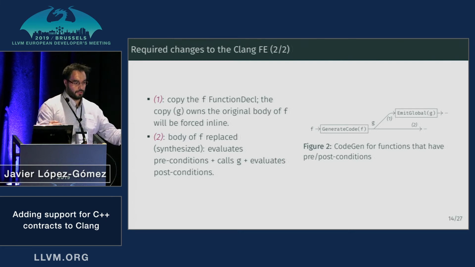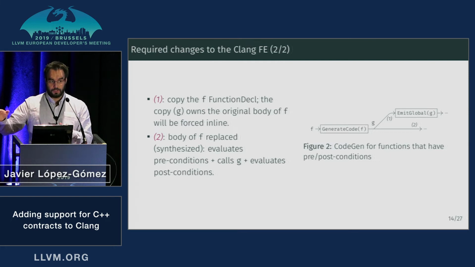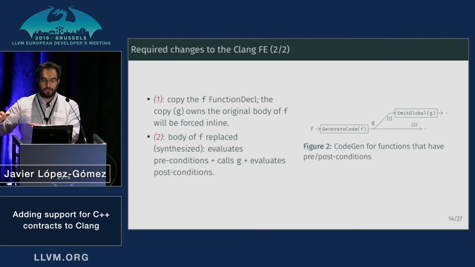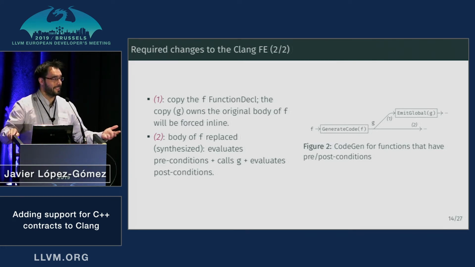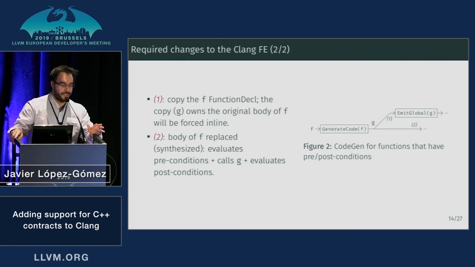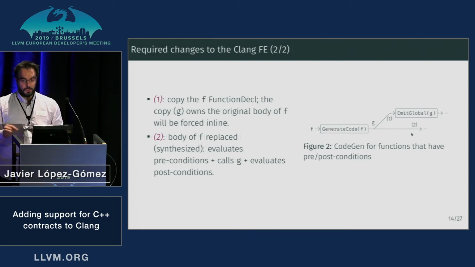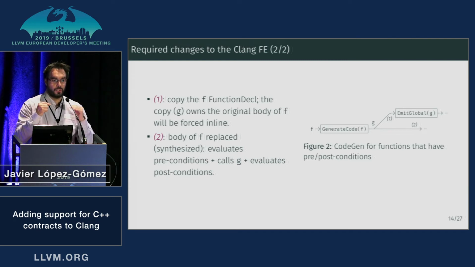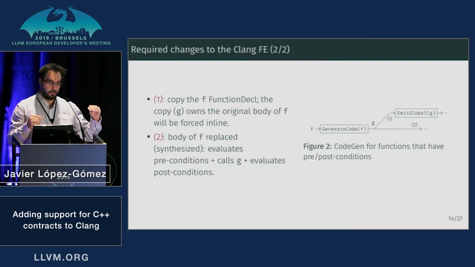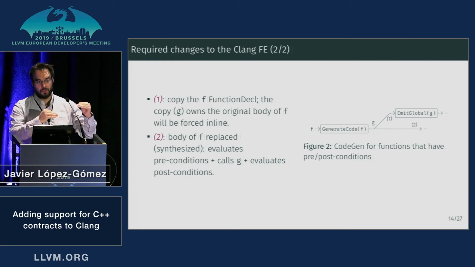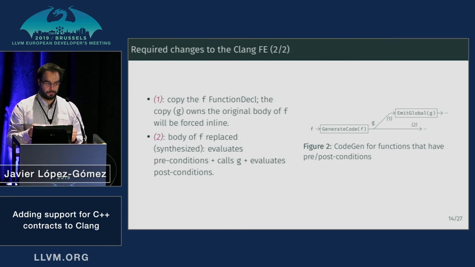So the unchecked version will preserve the original code of the user, and the clone function is the one who is going to preserve the original code of the function, as you see in this diagram. And the original function of the user is going to contain synthesized code to check the preconditions, make a call to the unchecked function, and then check for postconditions.